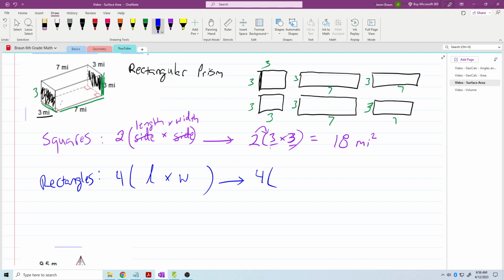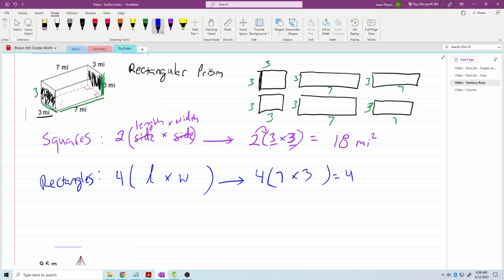I still have my 4 times, and then I'm going to say my length. I like to think of my length as being the long side, L. So my long is the 7 here, 7 times. And then I like to think of my other side or my other dimension, my width, as being the short side. So that's 3, so times 3.